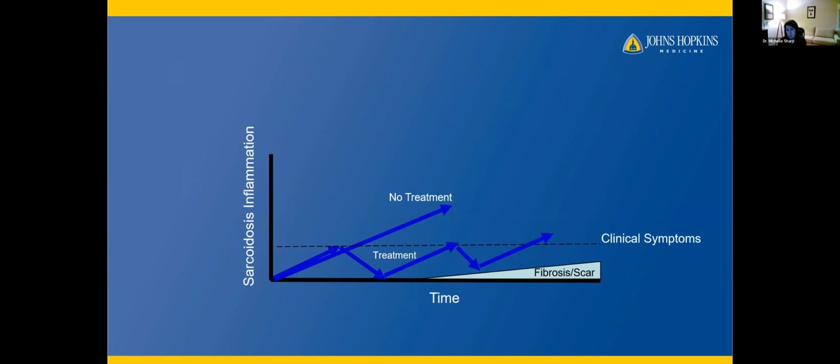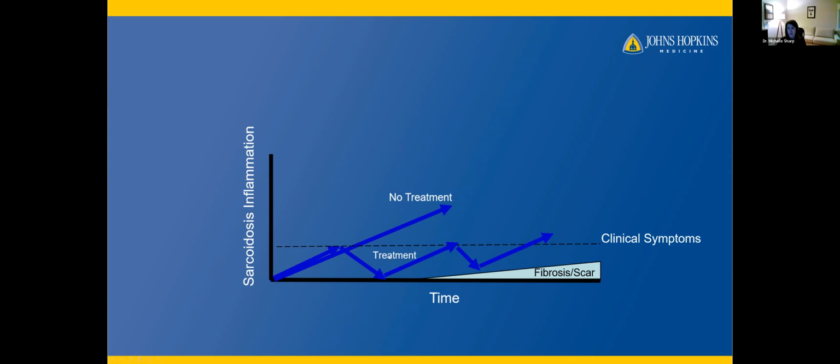Now, this is another example of an individual who doesn't get treatment versus treatment. And then, once we get it under control, we either lower treatment or we stop treatment depending on the treatment that we're on. And then the inflammation comes back, we do it again, and it comes back over time.